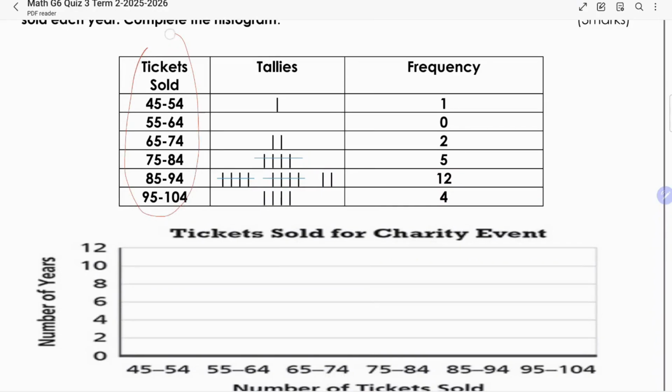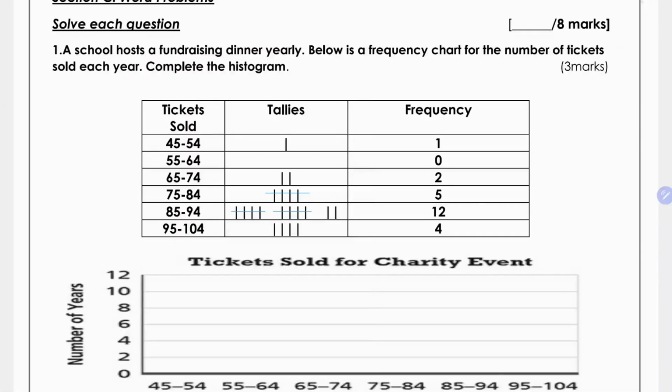So we know it's a histogram because it's got one category, just tickets sold. And the reason why we use a histogram is that when there are too many different numbers, we just group them into intervals, into ranges, to make the data easier to understand.